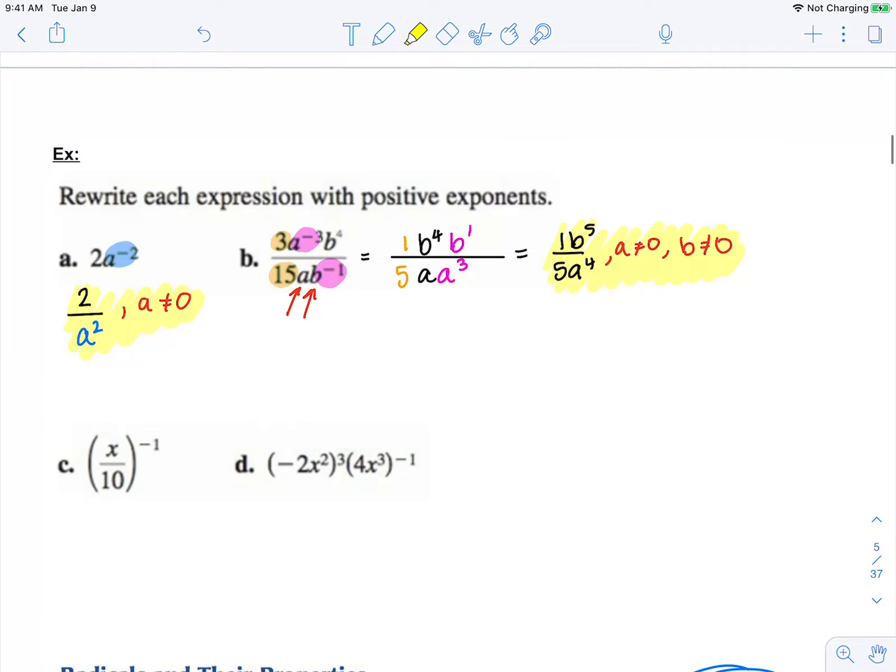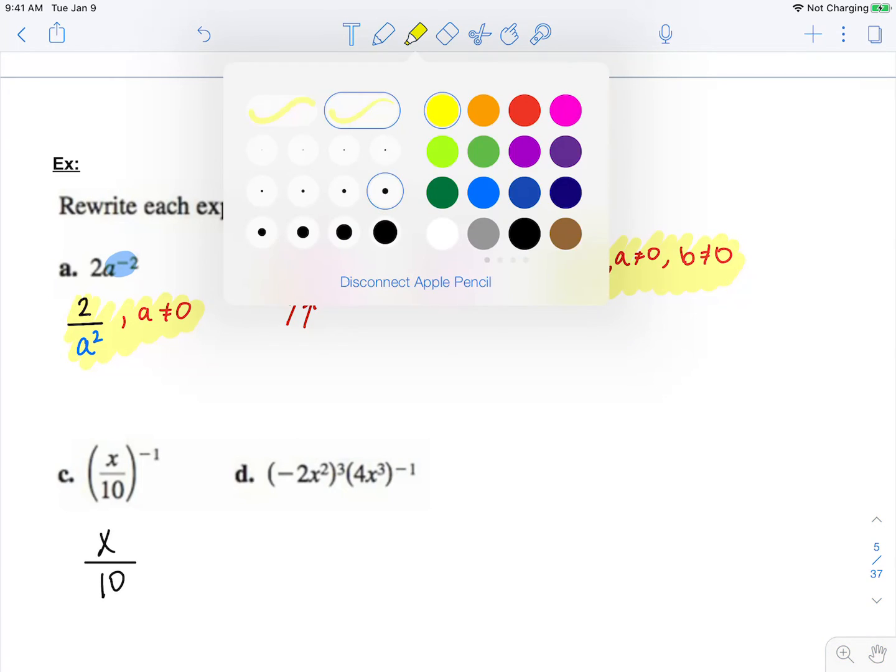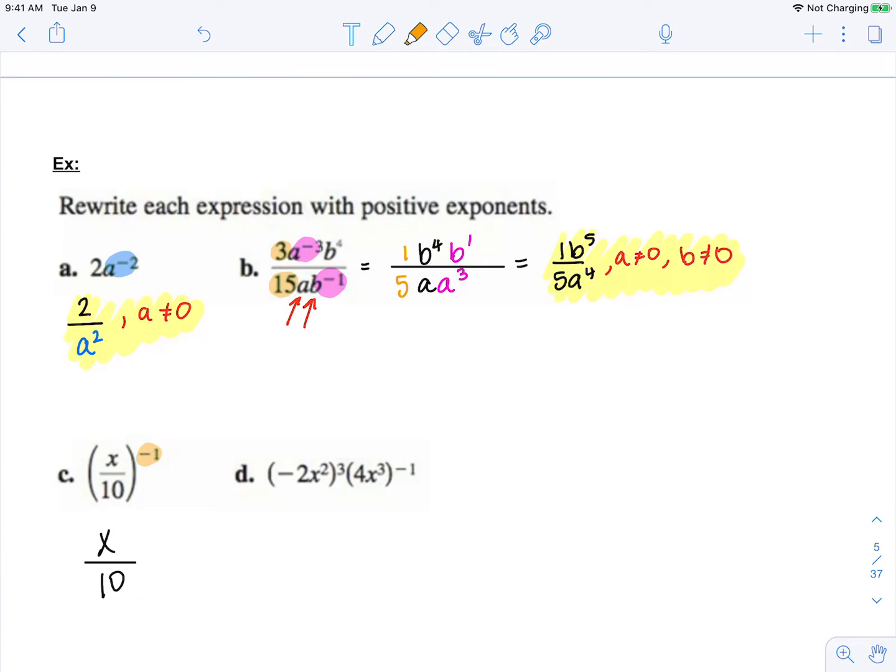So here in part C, I have x over 10 to the negative 1. So when I have an entire fraction being raised to a power, I can distribute that power to both. So this is x to the negative 1, 10 to the negative 1.